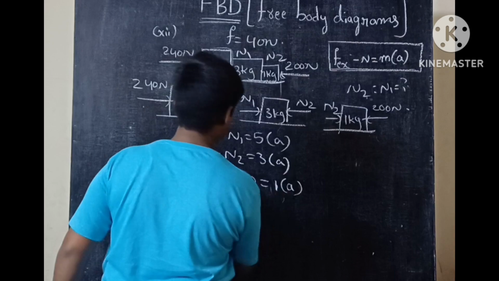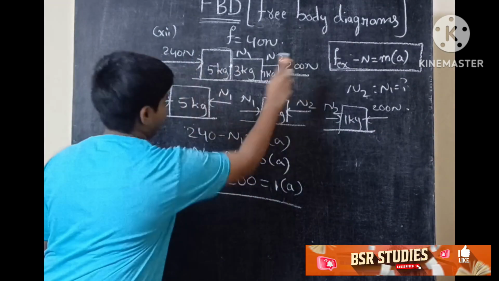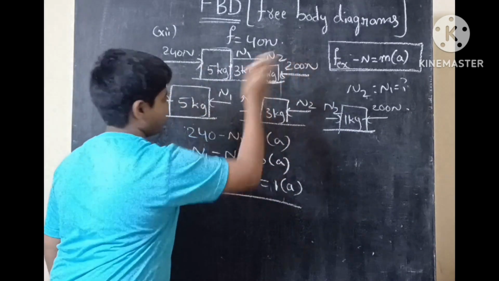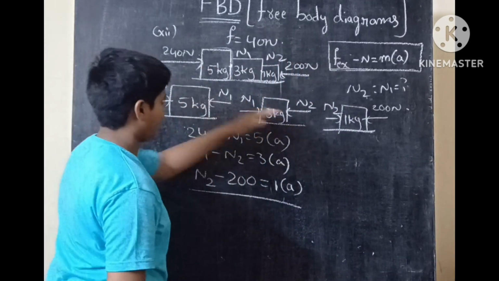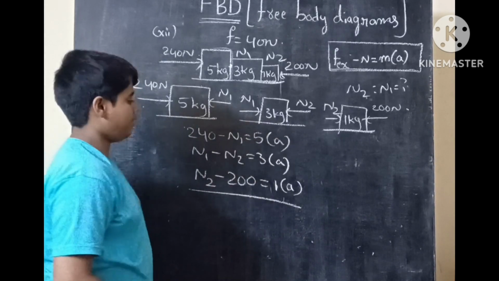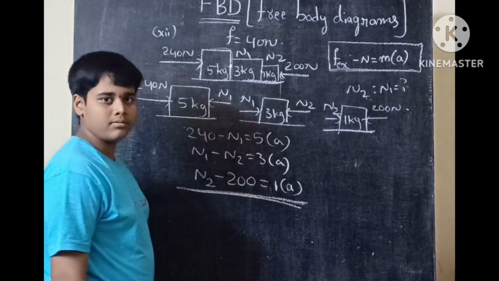Why? Because the resultant force is acting in this direction, not in that direction. Since the resultant force is in this direction, we have to write N2 minus 200. So this is the mistake committed in this equation.